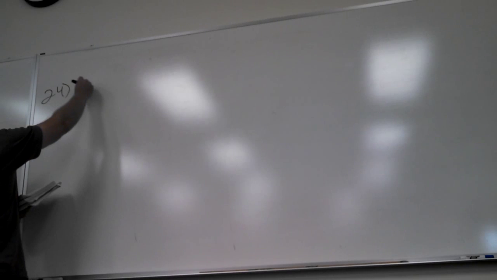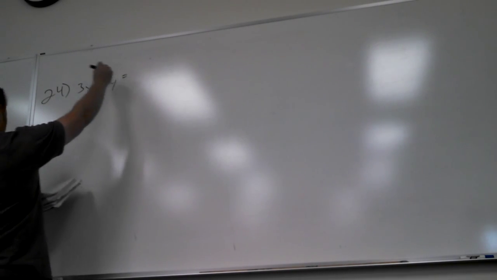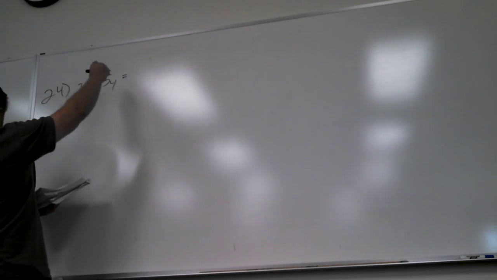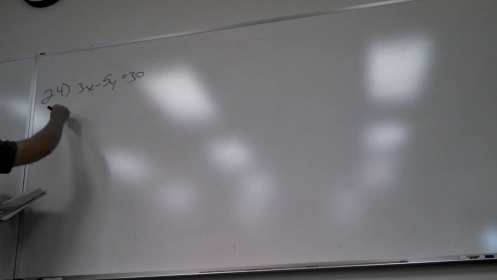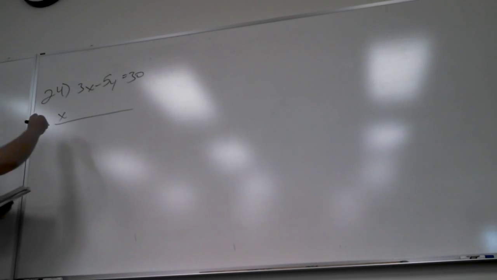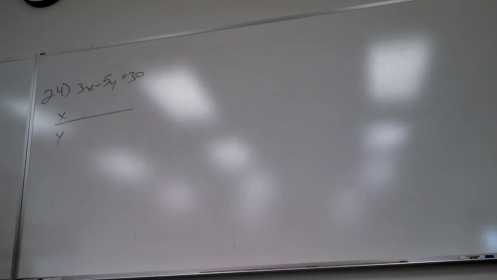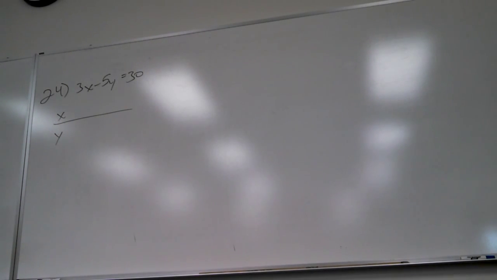So 24, this is section 3.2. I'm just going to do one of these and then you'll see how to finish the rest. They do their XY tables laying down. I'm used to it being the other way, but if you're used to it like that, you'll be fine.